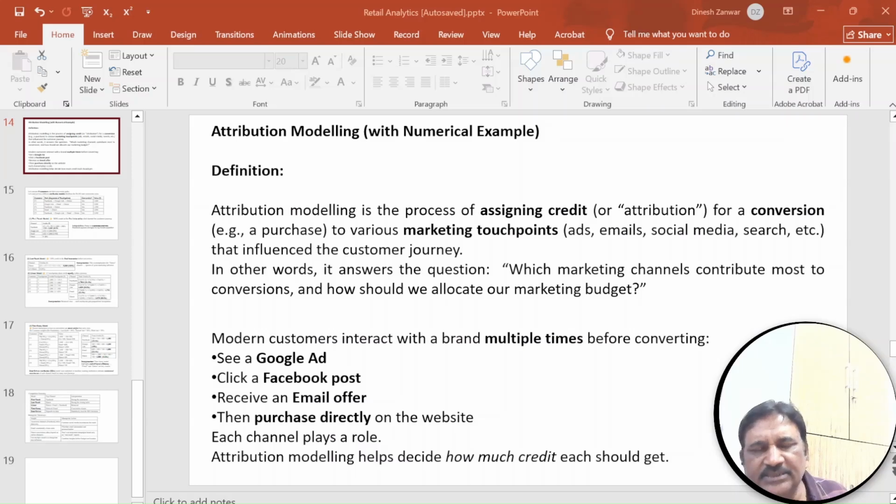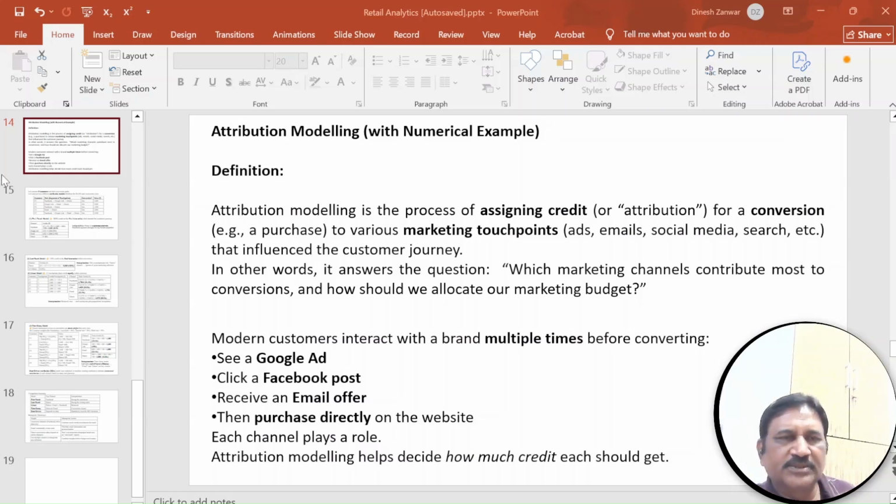Deciding this percentage is in your hands, but the only care to be taken is that the latest interaction closer to conversion should be given more weight, and that should decrease towards the early interactions.